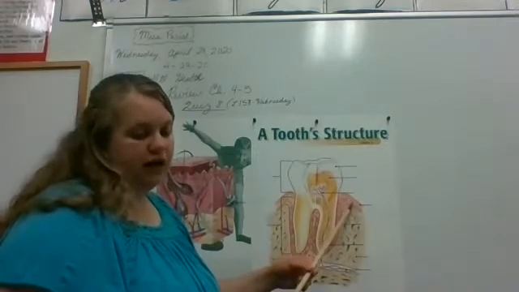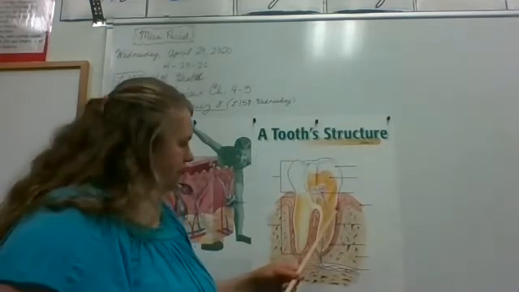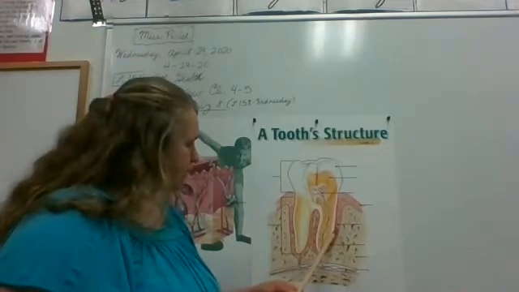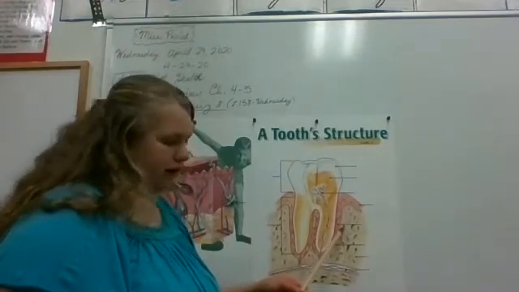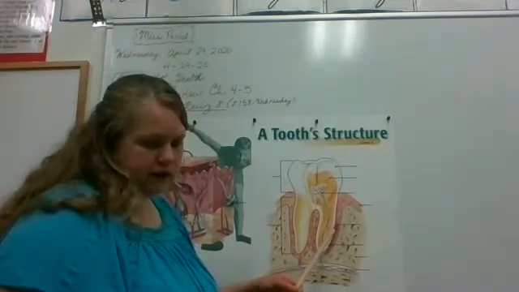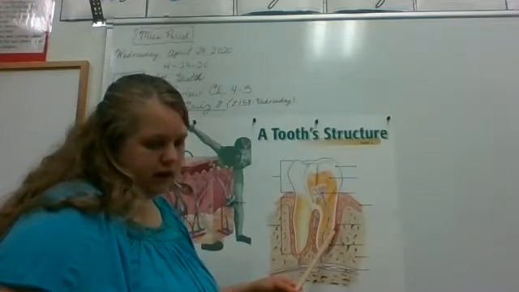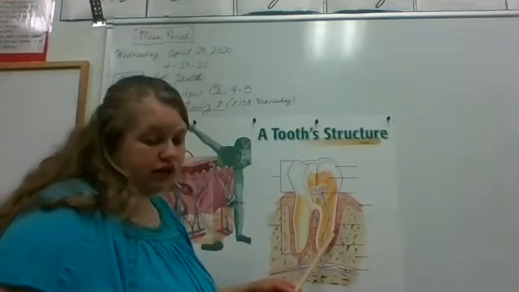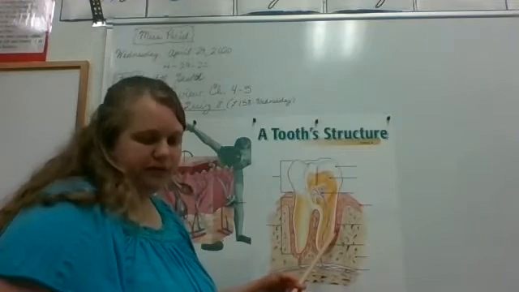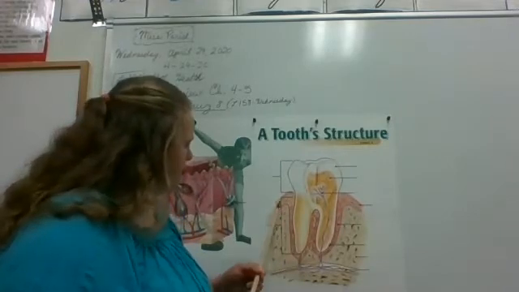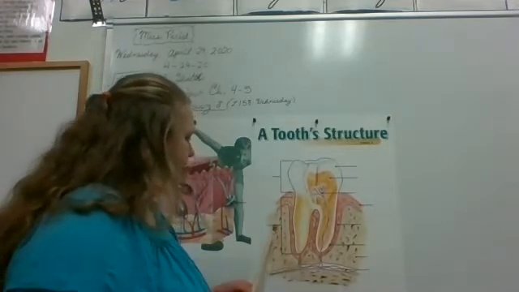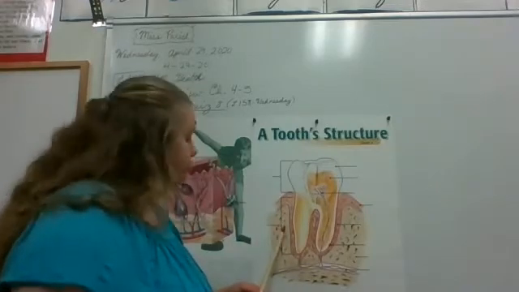Gingiva, or your gum, right? Gingiva or gum. And then between the tooth and here you would have what? Your periodontal membrane, okay? On the bottom part of your tooth, this is what? The root, good job.